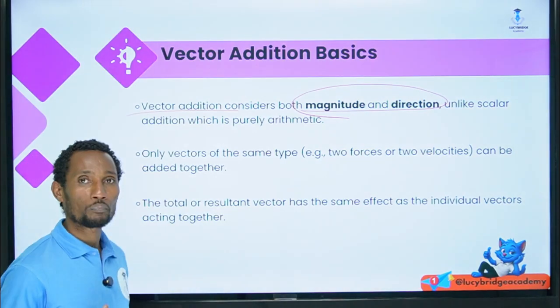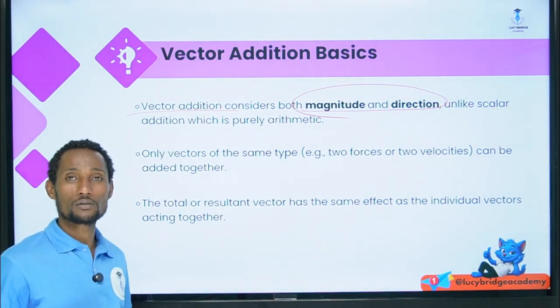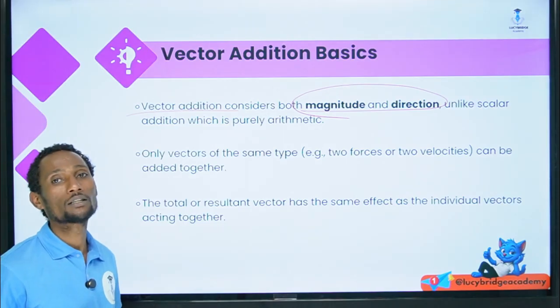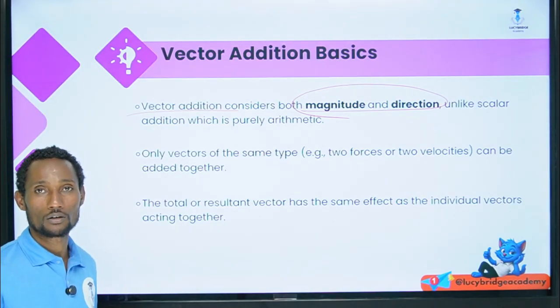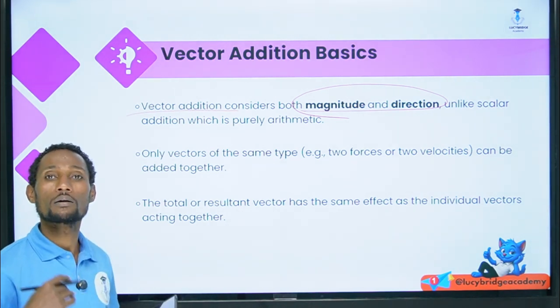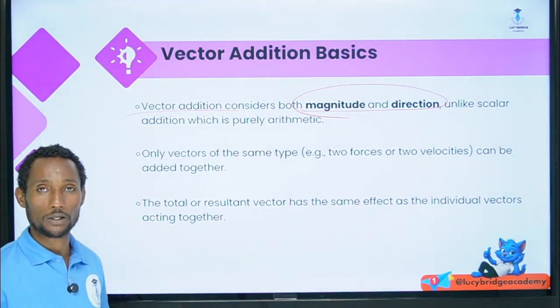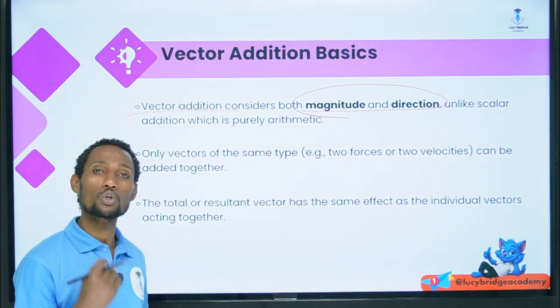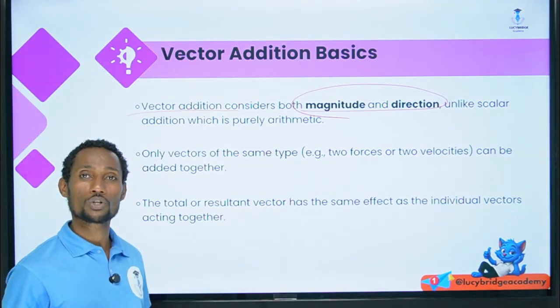There are rules for how we can add or subtract vectors. Not only subtraction, but at a higher level you will also learn multiplication of vectors, and for multiplication there are also basic rules. You will learn them.